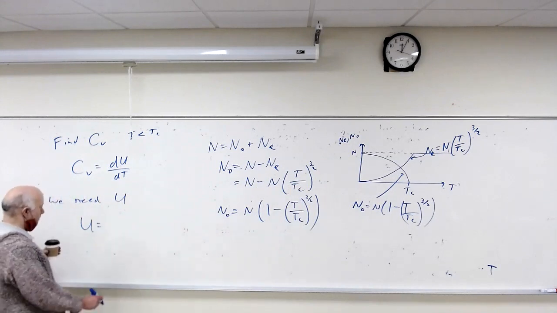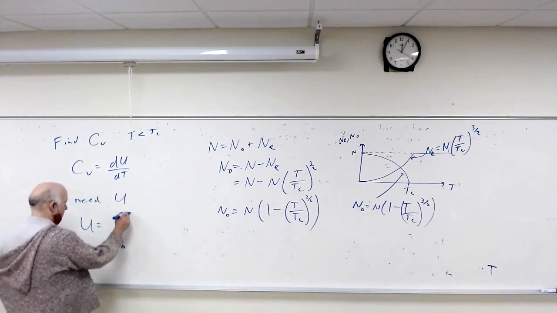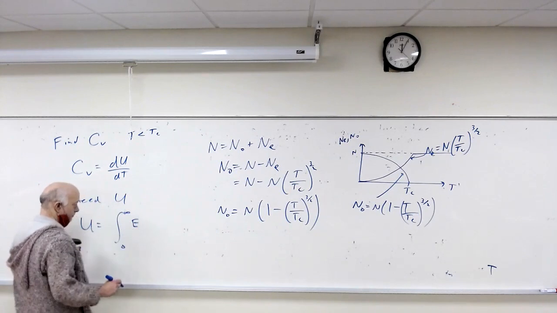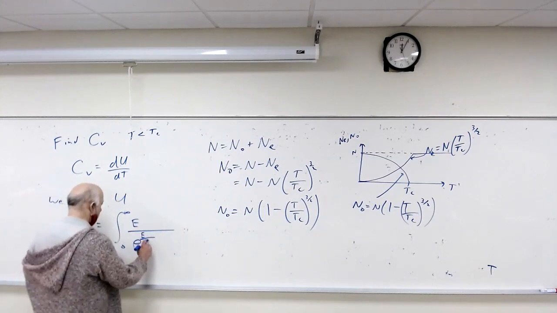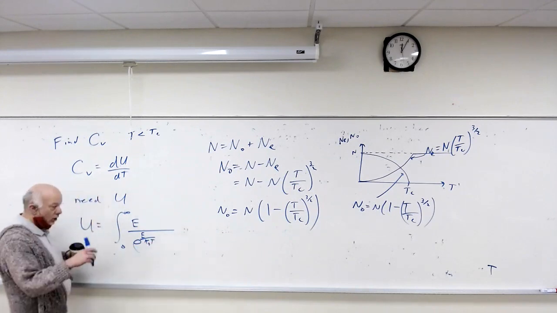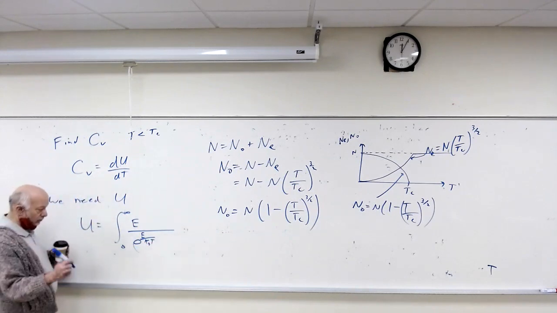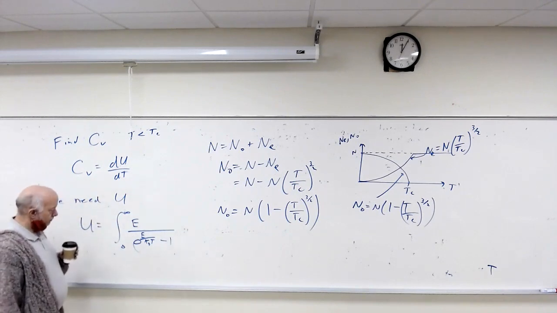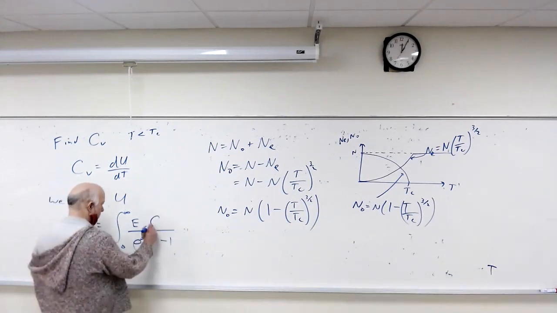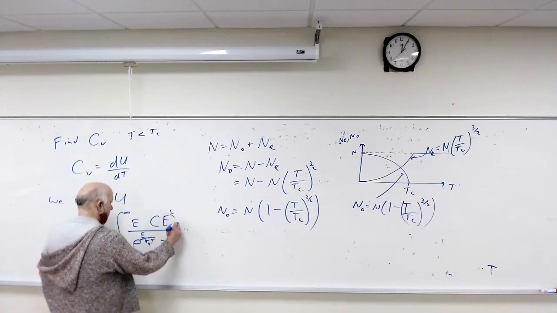Integral 0 to infinity of E times Bose-Einstein, 1 over e to the E over k_BT minus 1. Again, I'm below T equals T_C, so my mu is 0. Times g(E) dE, which is C E to the 1/2. So C E to the 1/2 dE.